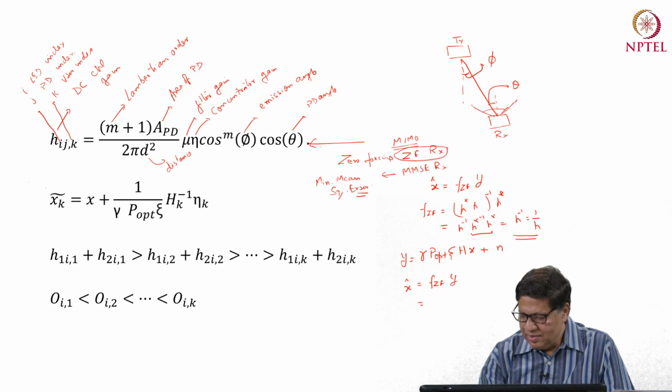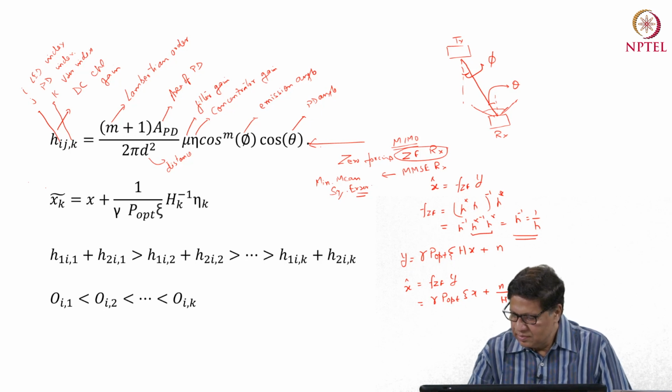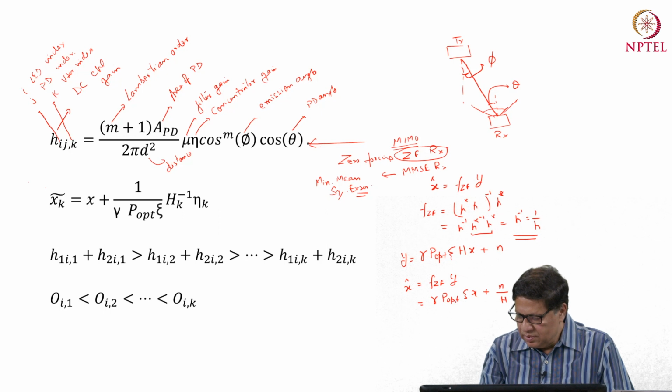So I put the value of y here, and also F_ZF is equal to 1 by H. So this gives me responsivity into P_opt into modulation index into x plus n by H. So just to normalize it, I can divide by this factor, which is something constant.